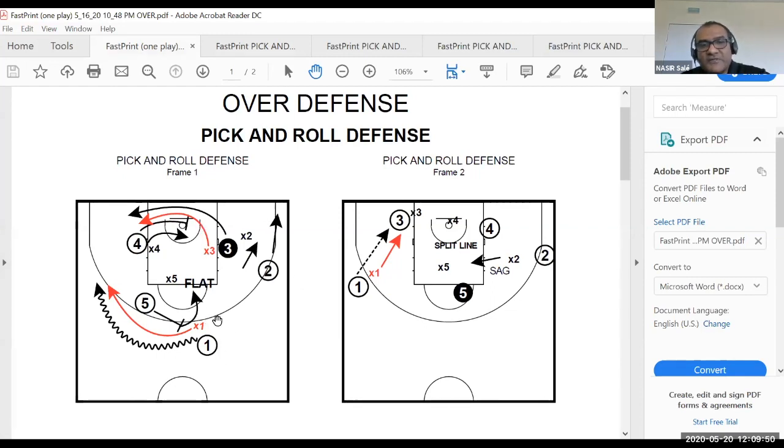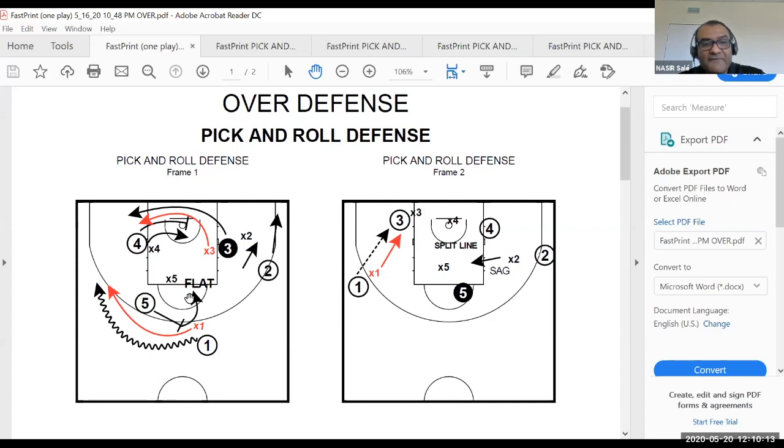We use the over defense because we know player 1 is a good perimeter shooter. We take the over defense, and the 5 comes to the middle. The X1 comes to close on the 1 to use the over defense.